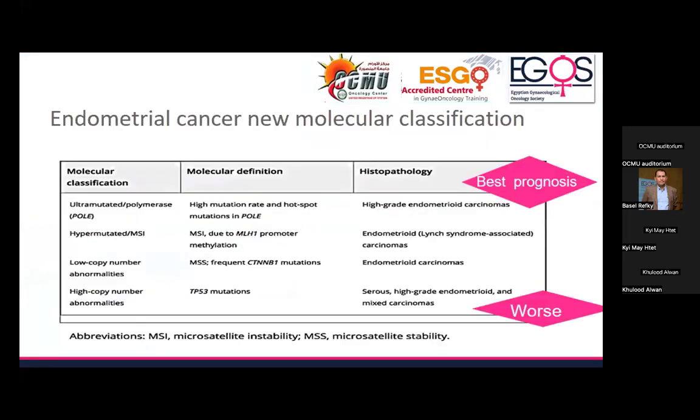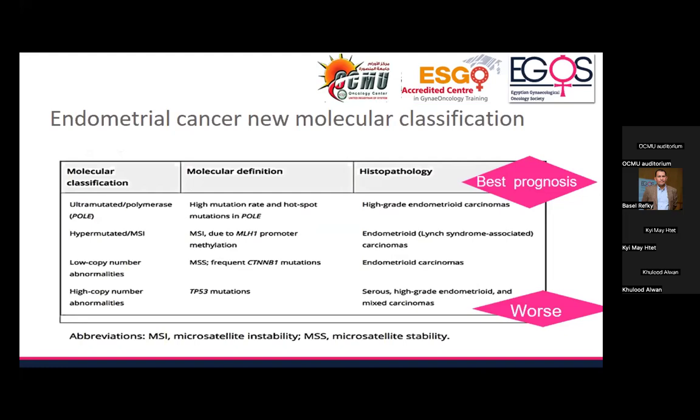So if a patient with endometrial cancer has been investigated for molecular classification and is POLE mutated, or ultramutated, with a high mutation rate and hotspot mutations of the polymerase gene, this is called high grade endometrioid carcinoma, which has the best prognosis for endometrial cancer.